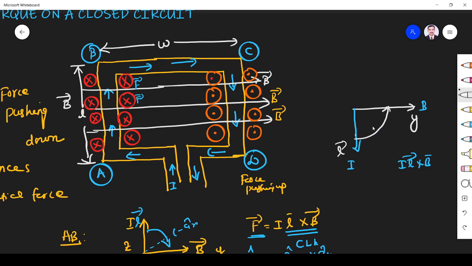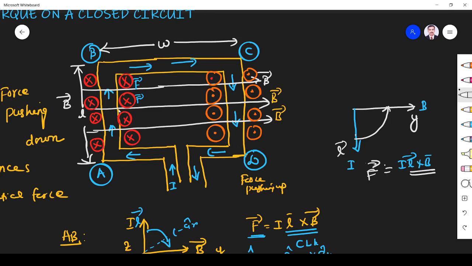So IL cross B means I am going in an anti-clockwise direction. If you rotate anything anti-clockwise, it will come up. So the resultant force will be coming up. It is a push-up force.